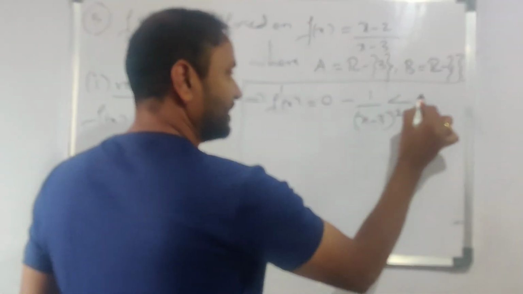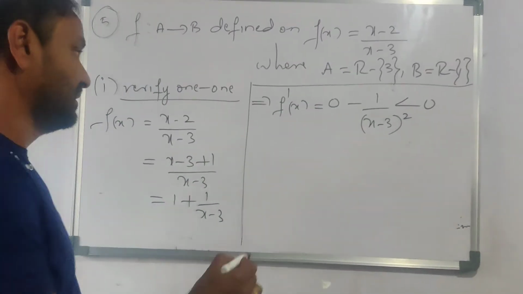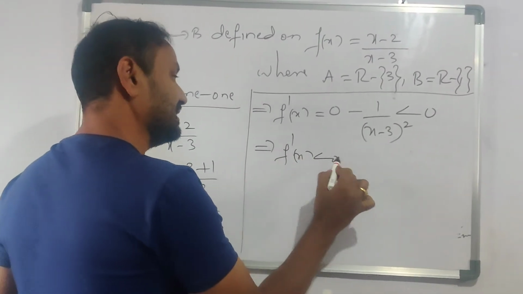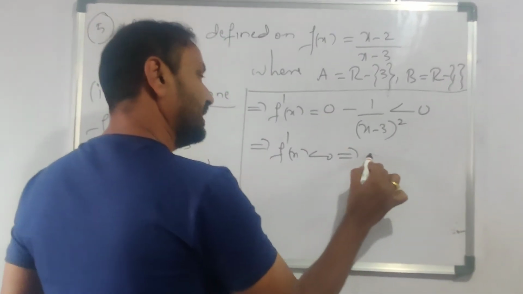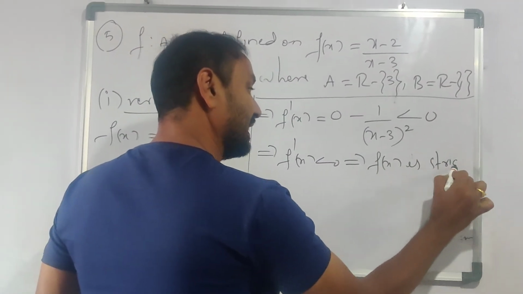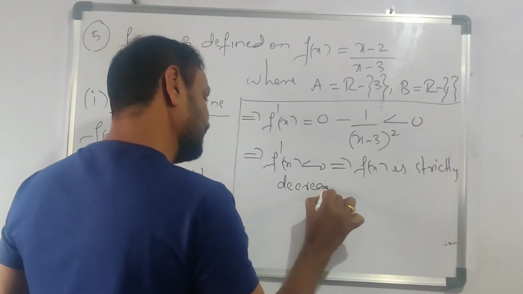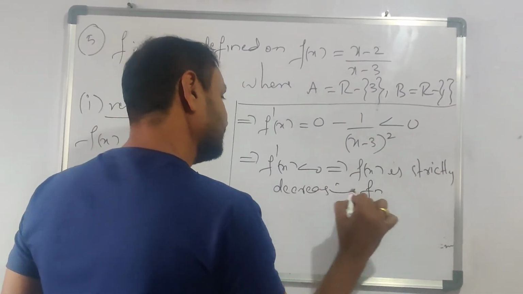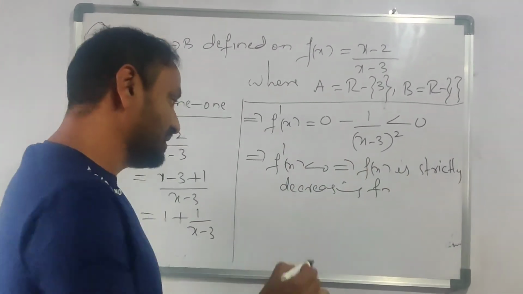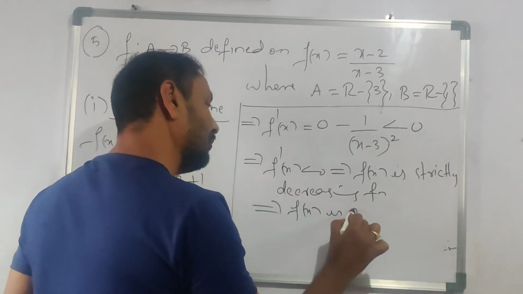This is always negative, because the denominator is positive, into negative, total negative. That implies f dash x is less than 0. f dash x less than 0 means f of x is a strictly decreasing function. That implies f of x is 1-1.